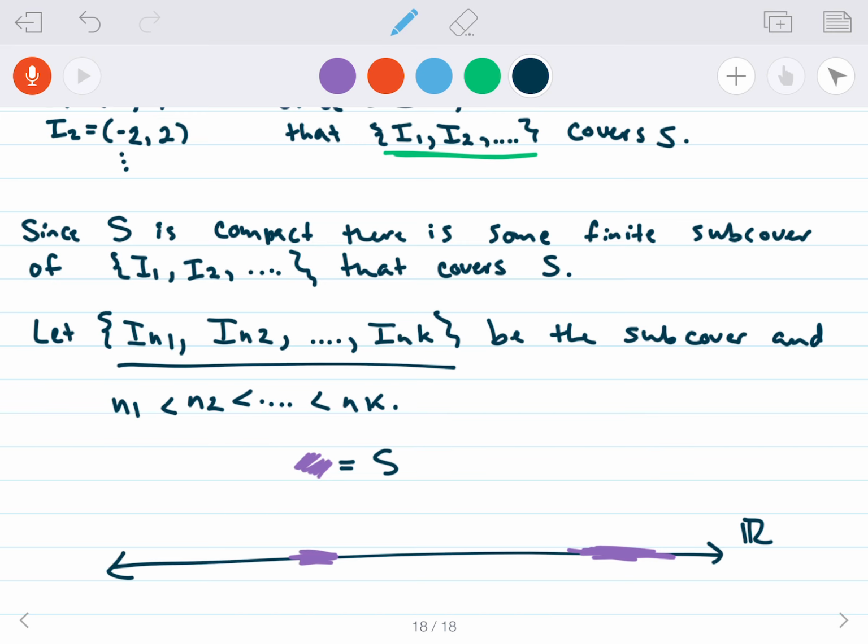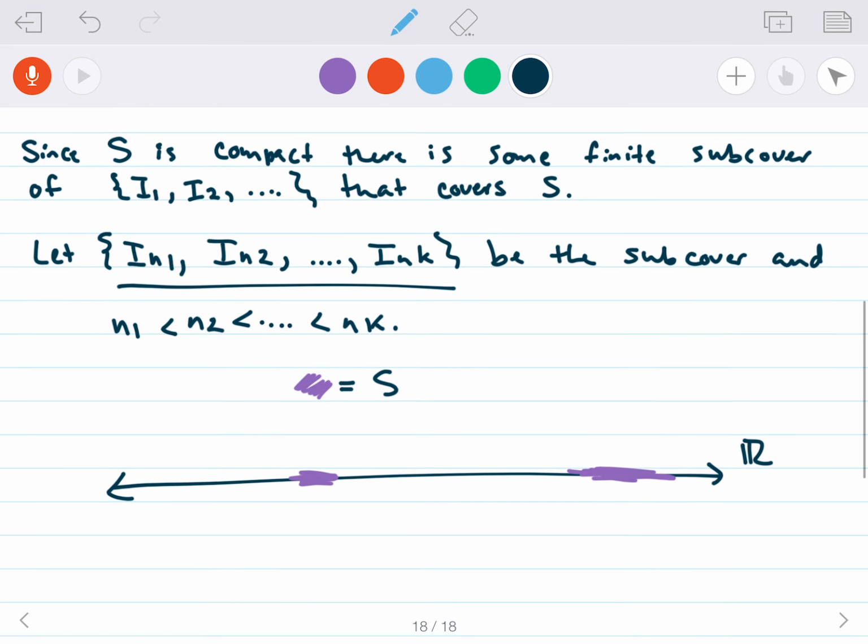Okay, so from our picture, if we have that n1 is less than n2, less than n3, etc., well, what does that mean? And if this completely covers the set, then we have something that looks like this.